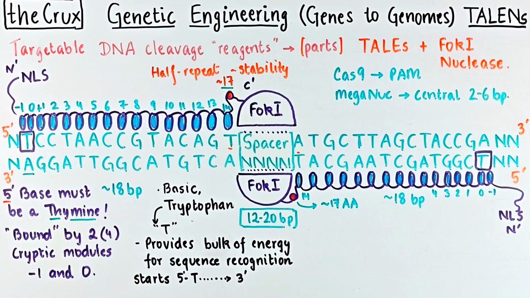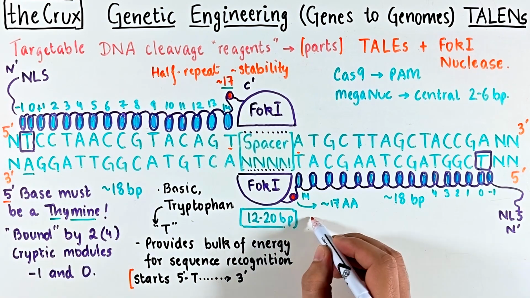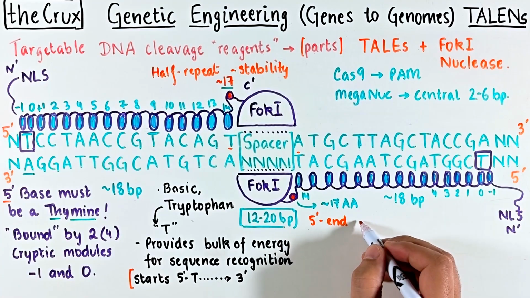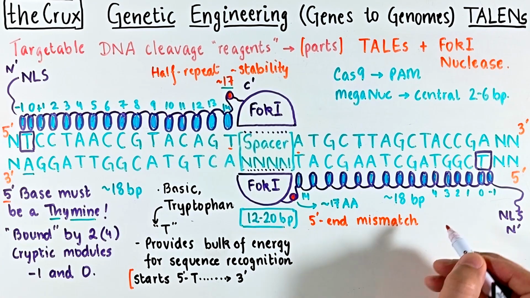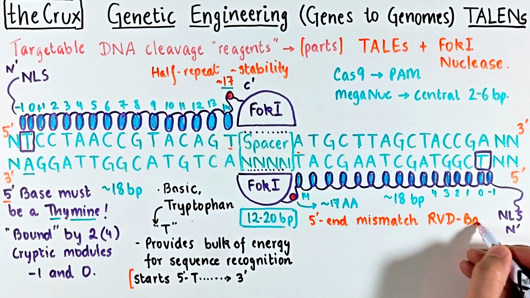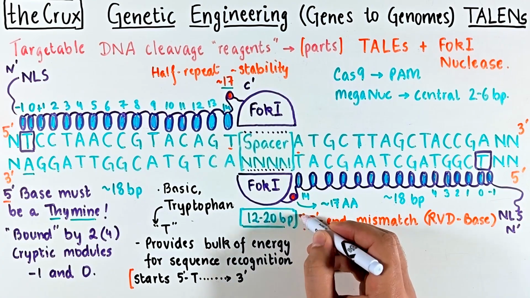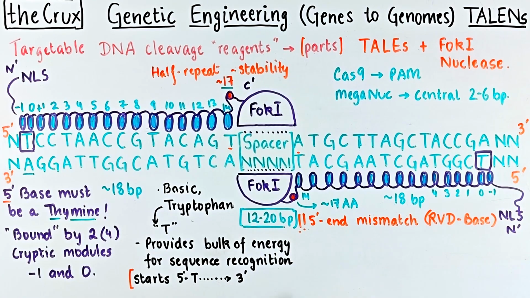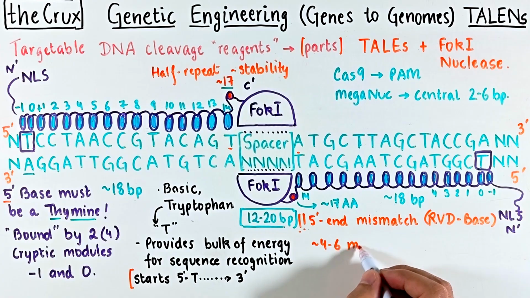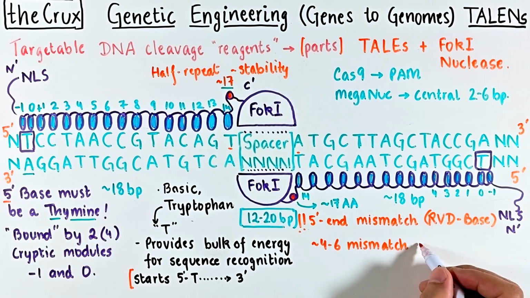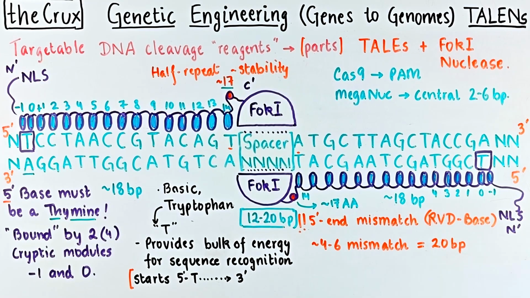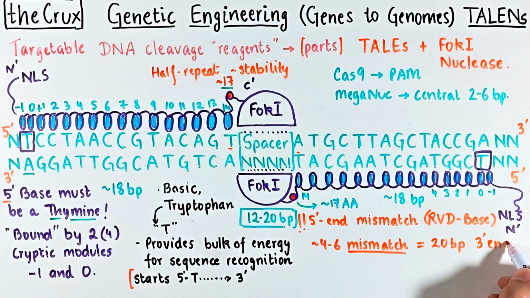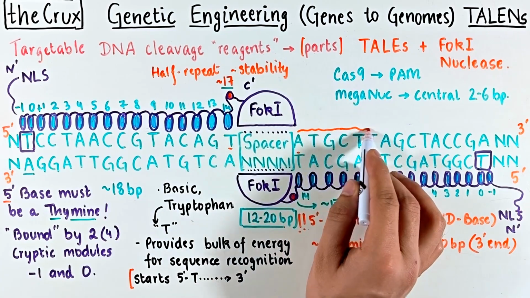One last thing about this 5' thymine, because this position triggers the DNA binding process, mismatches in the 5' end between the TAL RVD and its recognition base are not tolerated. Typically, 4 to 6 base mismatches can be tolerated out of a 20 base per target sequence, but those mismatches tend to be in the 3' end of the recognition sequence.